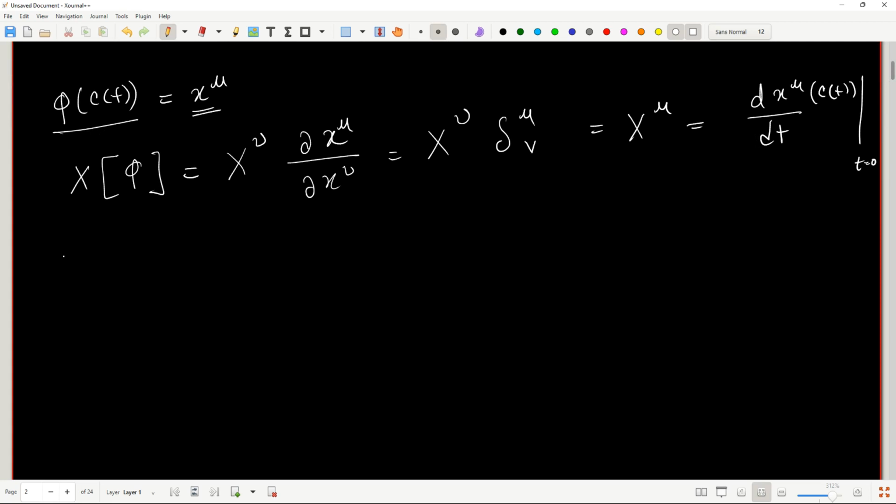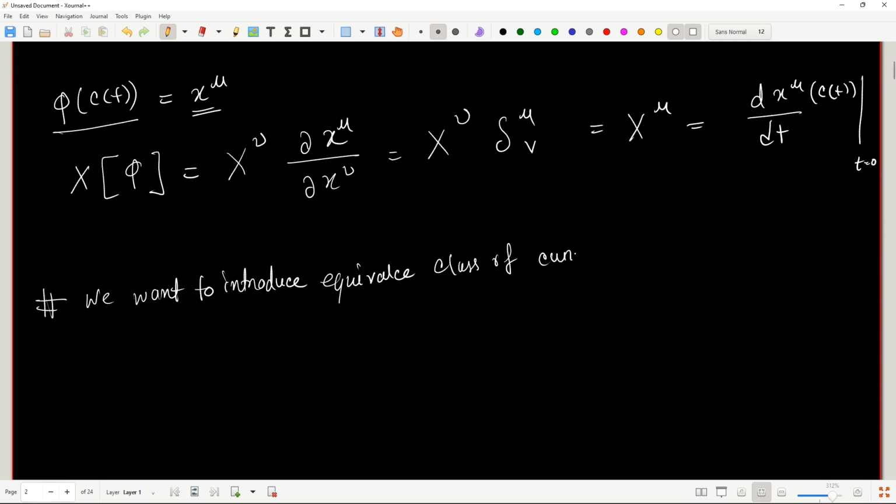So instead of analyzing one curve right now, we can introduce an equivalence class of curves in M. Let's say C1 of t and C2 of t are two curves, and they will be equivalent to each other if they satisfy the following conditions.